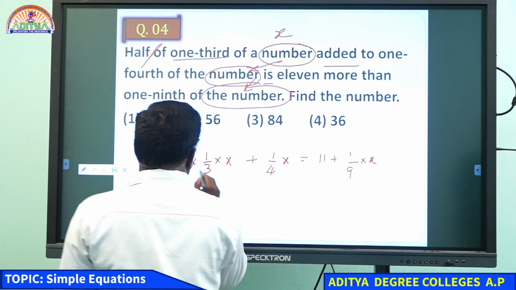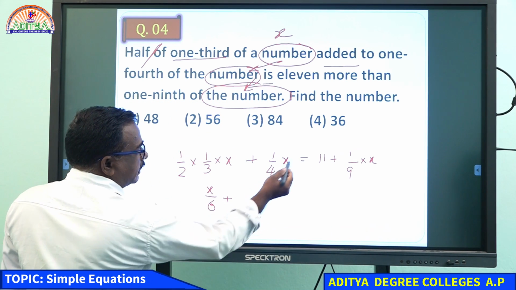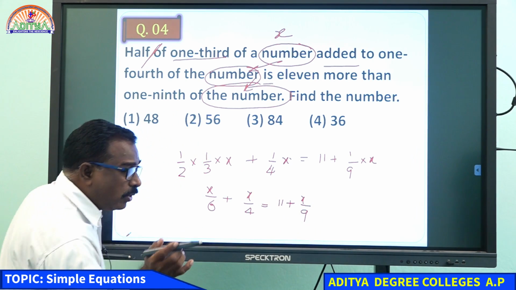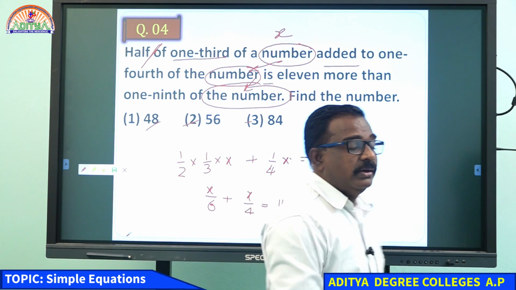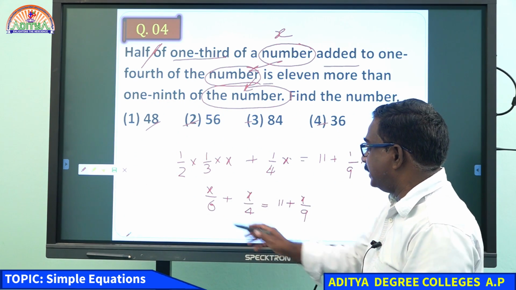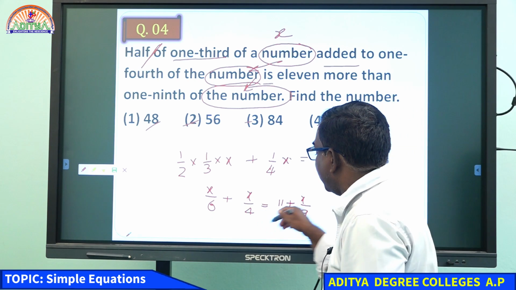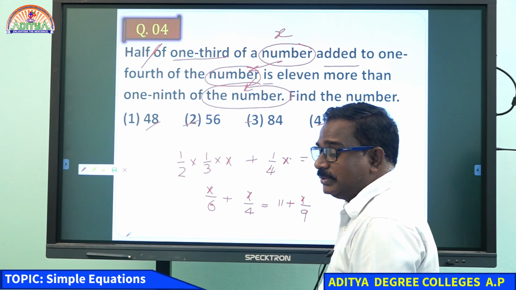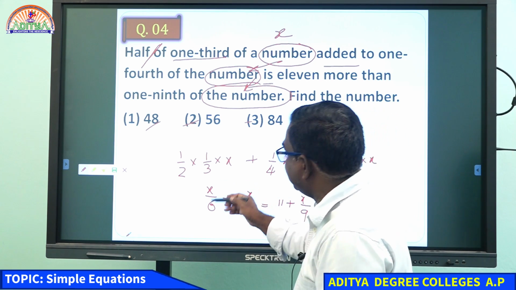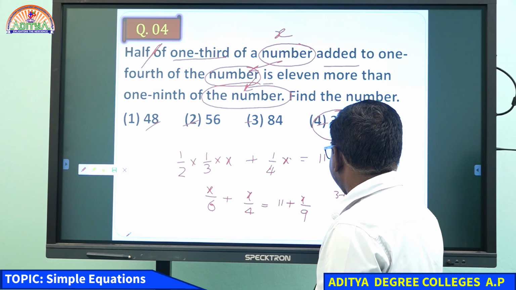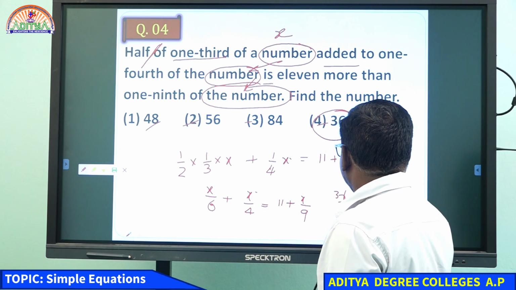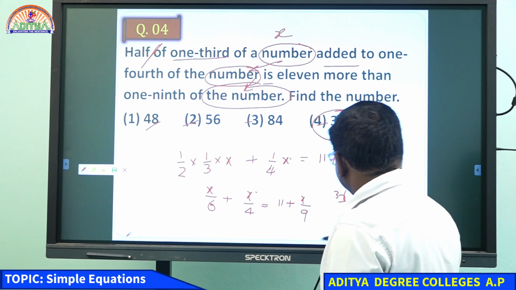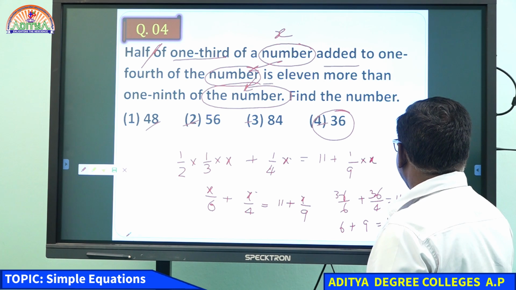Just 2 3s are 6, so x by 6 plus x by 4 equal to 11 plus x by 9. We know the values here because options are given. We can replace any one of the values. Because 6, 4, 9 are there, the LCM of 6, 4, 9 is 36, so we can write 36 as the number. 36 by 6 is 6, 36 by 4 is 9. 11 plus 36 by 9, that is 4.